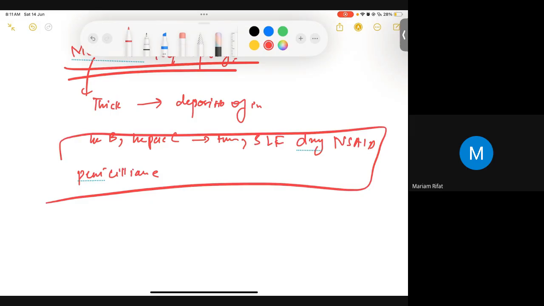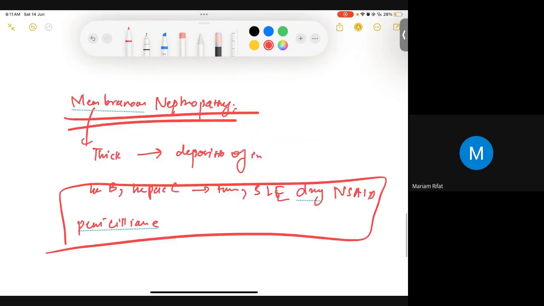Another way, simply think in some individual, whenever they have hepatitis B or hepatitis C infection, the immune complexes can form, and it can lead to membranous nephropathy. Whenever an individual has SLE, as I just gave you the example, in SLE we have complement deficiency, right? So which kind of immune complexes are we going to see in SLE?